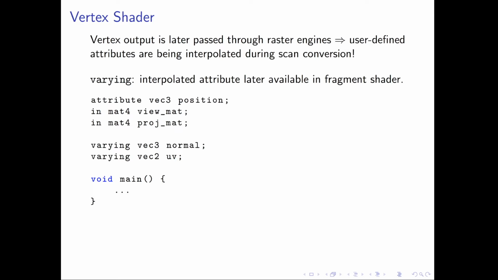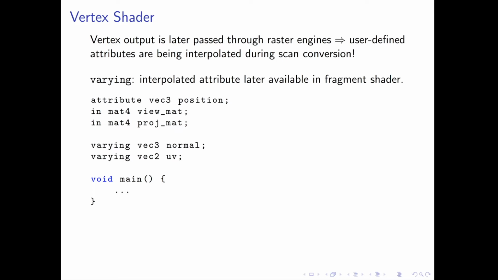And when the Pineda algorithm is executed, we do this in 2D basically, and all the vertex attributes here are attributes that are interpolated across the triangles. In this 2D coordinate system that the raster engines operate in, the depth, for instance, is an attribute, and we have with each vertex associated a depth. And then when the Pineda algorithm is executed, the algorithm uses barycentric interpolation to assign each fragment a depth value.